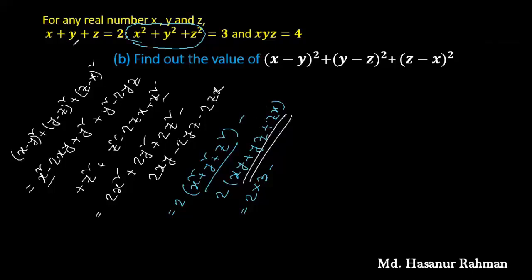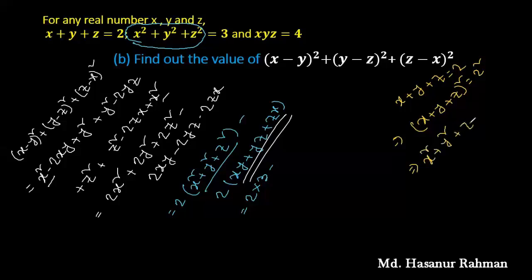So if we look at the statement, we see that x plus y plus z equals 2. If I square it, then we'll get x plus y plus z whole square equals 2 square. That means a plus b plus c whole square is a square plus b square plus c square plus 2ab plus 2bc plus 2ca. We just have to use this formula, nothing else.